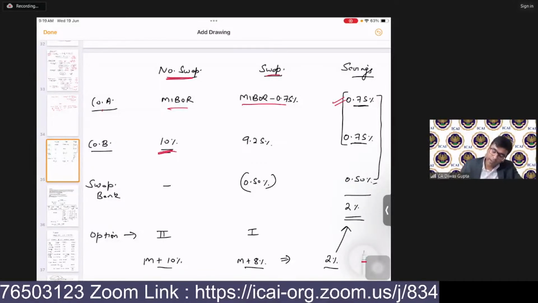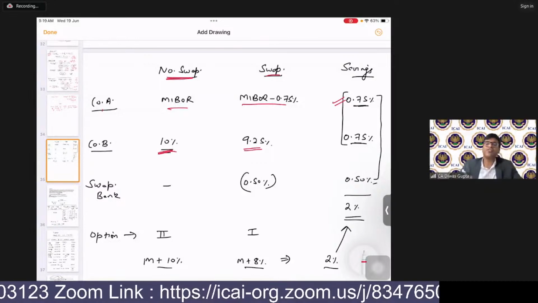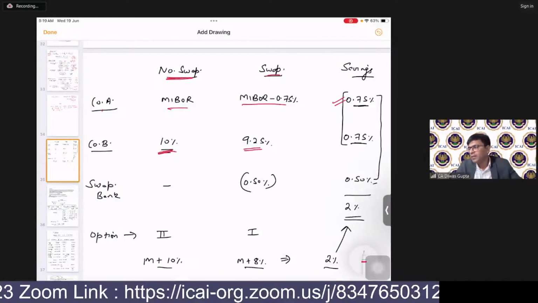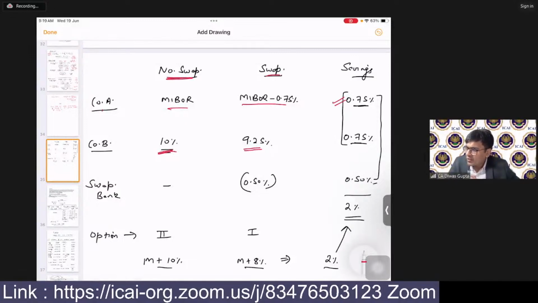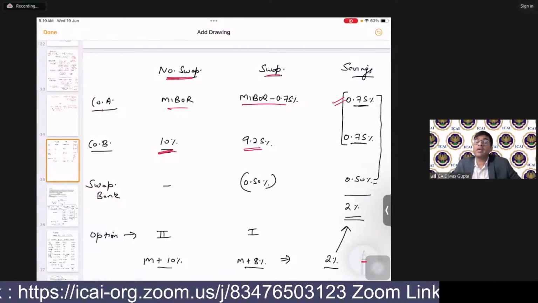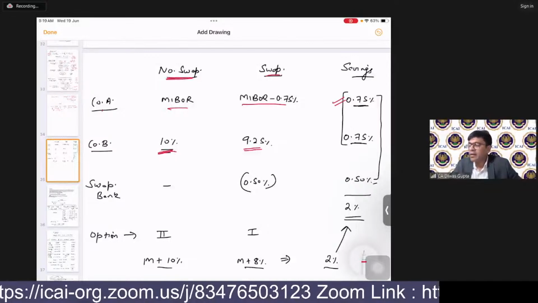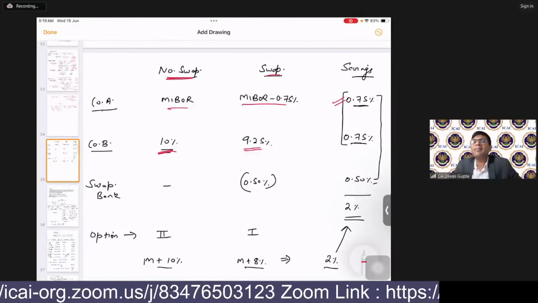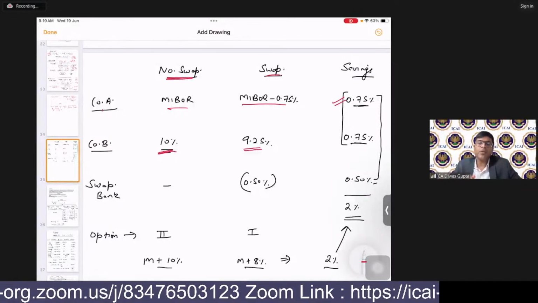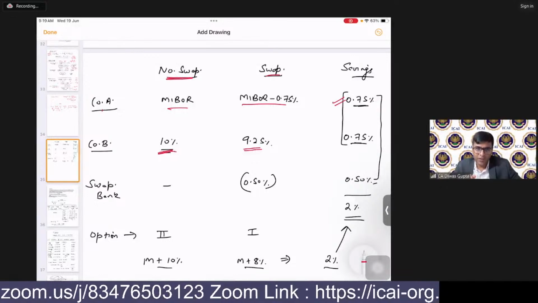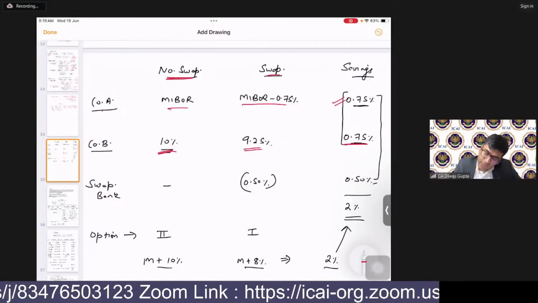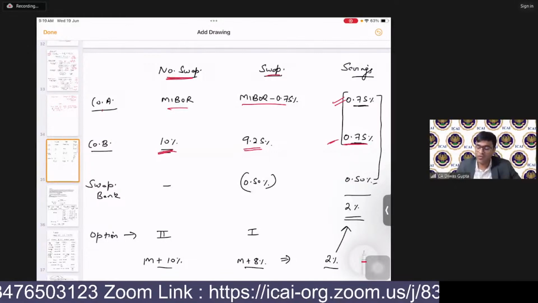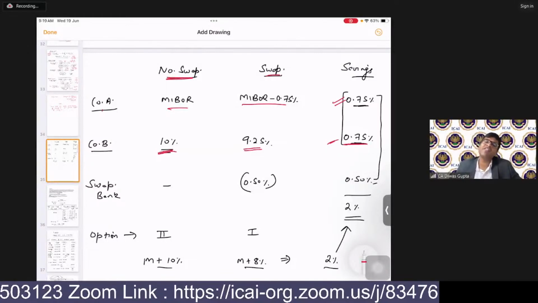But because of swap, the effective borrowing cost of the company comes out to be 9.25. No, Munish, as of now, I've taken a hypothetical situation to explain you the swap, right? But practically also it happens in a similar manner. So 9.25 becomes the swap effective cost for company B. So company B also enjoys a lower interest rate because of swap to the extent of 0.75%.